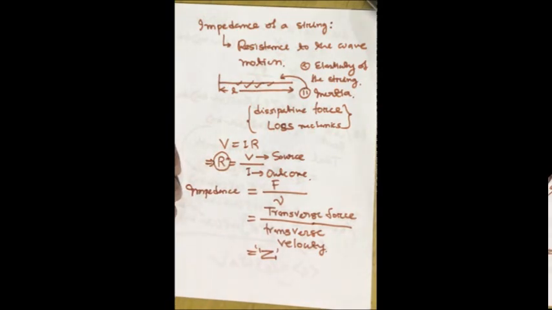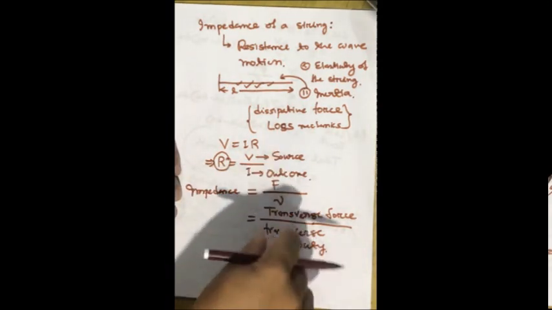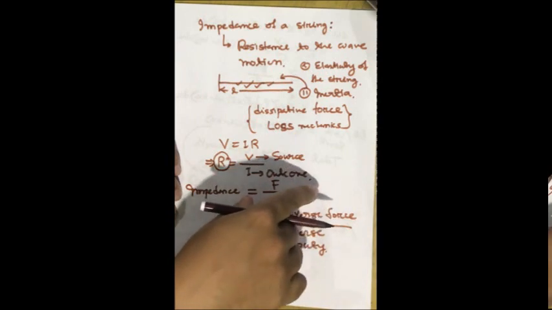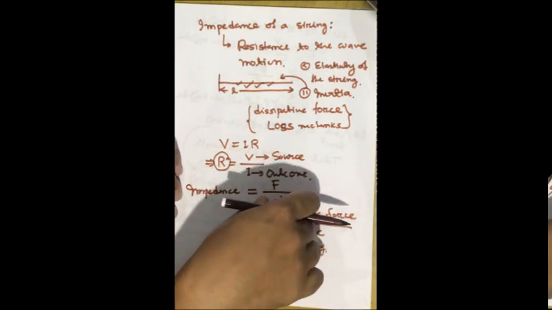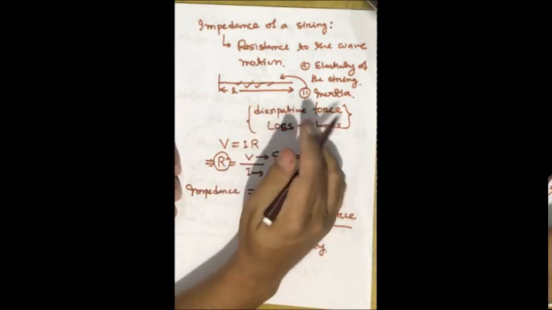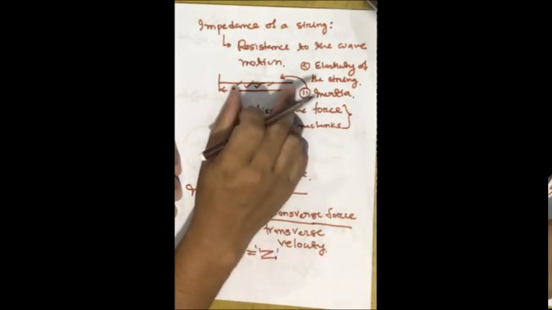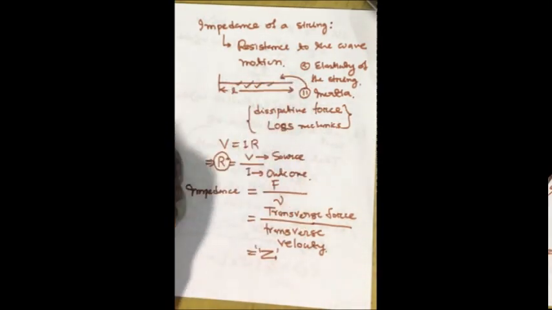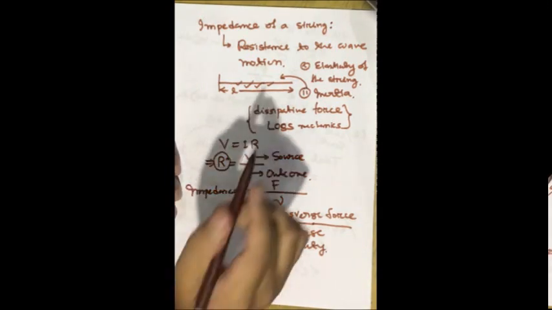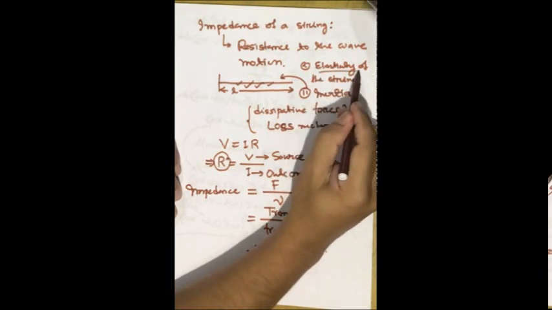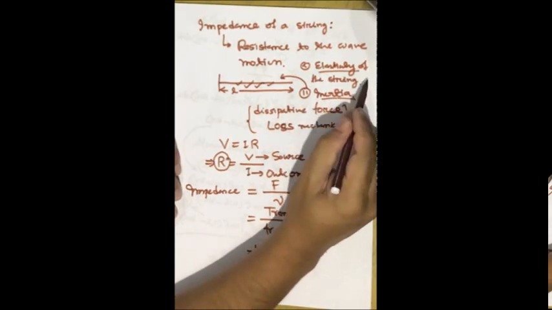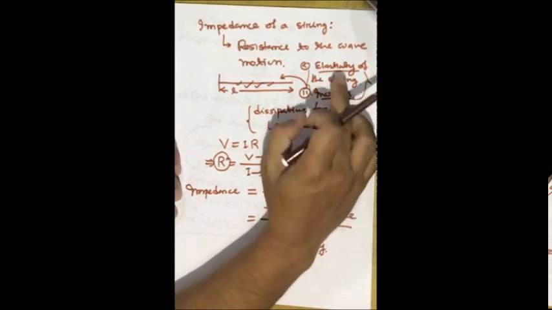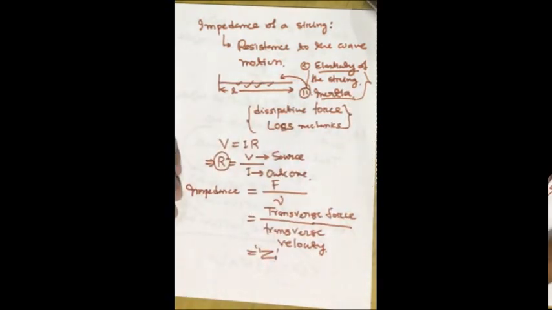In the next pages I am going to find the value of the impedance of the string, and we are going to neglect any dissipative force present on the string or any loss mechanism whatever may be present in the string. So this medium is basically a lossless medium, and we are only considering these two factors, elasticity and inertia, and we'll see how elasticity and inertia affect the wave propagation in the string.